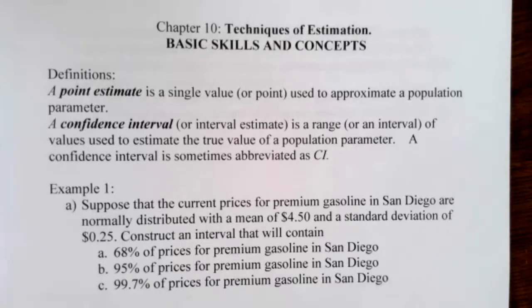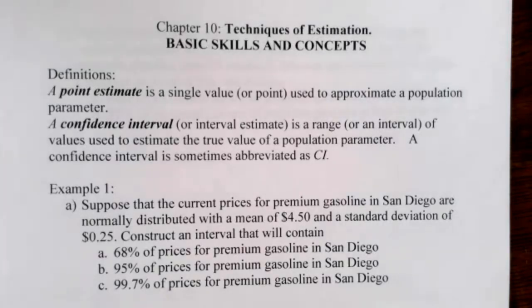And every time she does that, she records the price of gas. And then at the end of her trip, she calculates the average price. The question is, what is the probability that her average price will come out to be $5.25? And I hope your answer is the probability of that is 0, right?